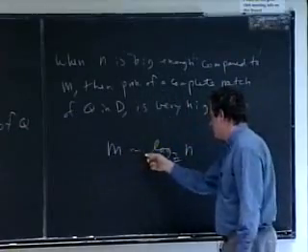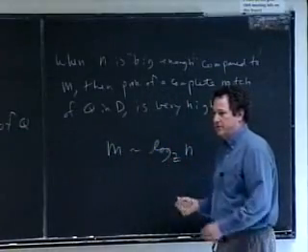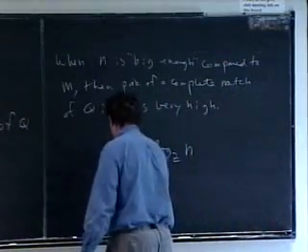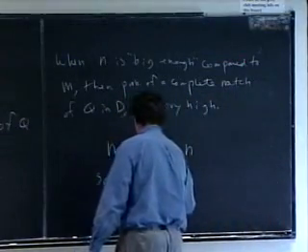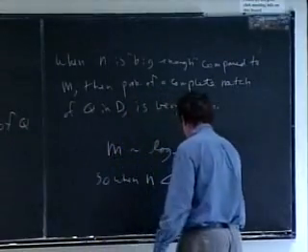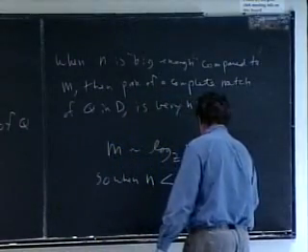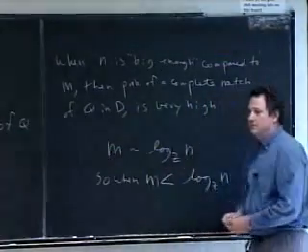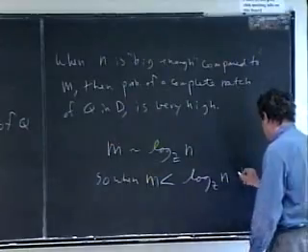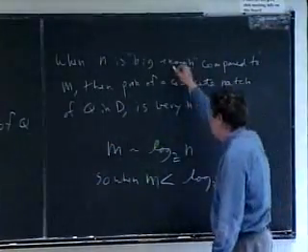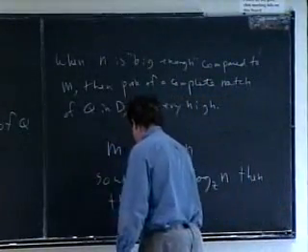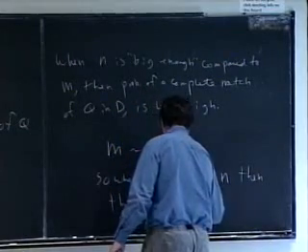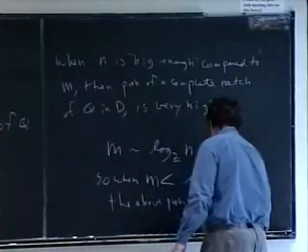Where m is smaller than this or m is bigger than this? Okay. So when m is really smaller than log Z of n, then this probability gets large.